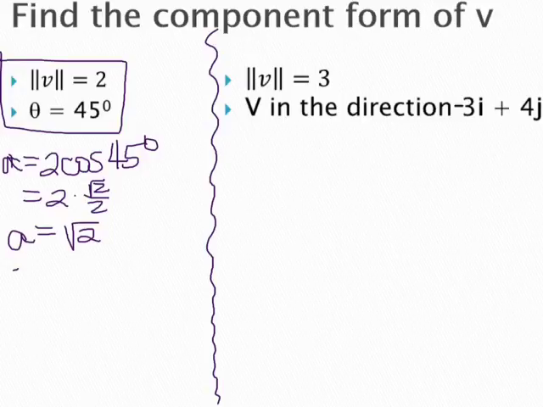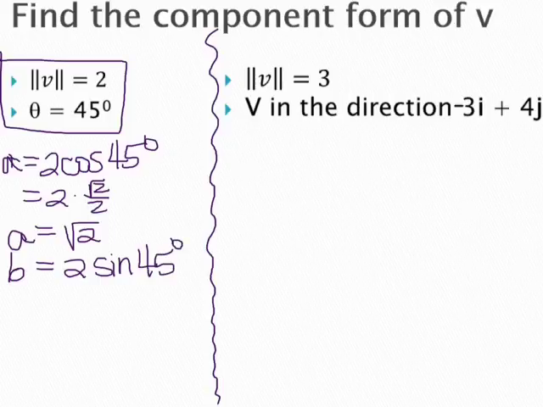We know that to find our vertical component, we need to take the magnitude times the sine of the angle. We know that the sine of 45 degrees is also radical 2 over 2. So when we multiply that times our magnitude, our vertical component is radical 2.